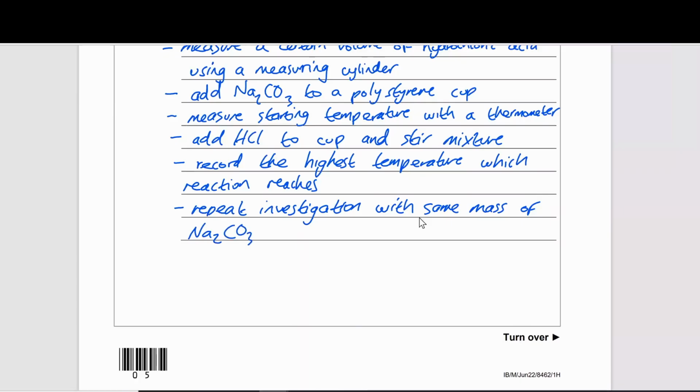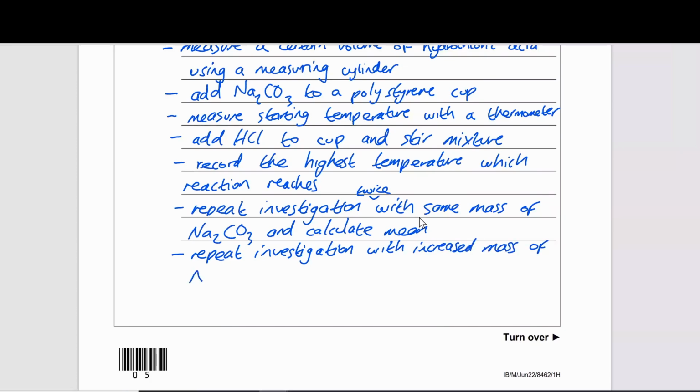And what we can say is repeating this investigation twice, and then we can calculate a mean. Now we know we've done it 3 times, we can calculate a mean, able to exclude any anomalies if we need to, and then we can say repeat investigation with an increased mass of sodium carbonate powder. So there is our answer, and we've covered everything that is going to enable us to get our 6 marks.